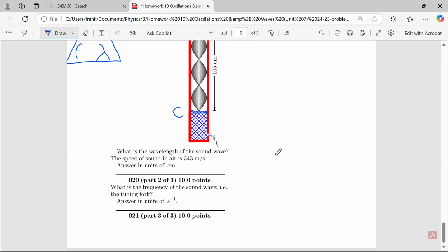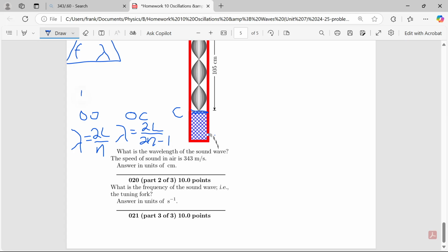But here's another formula, and there's two versions of it. There's a version for an open tube, and there's a version for an open closed tube. For an open tube, the wavelength equals, let me remember this, 2L divided by N. For an open closed tube, the wavelength equals 2L divided by 2N minus 1.